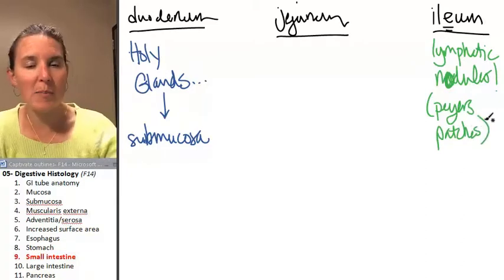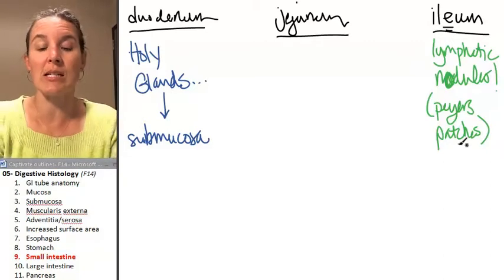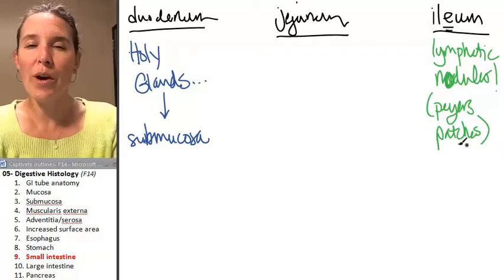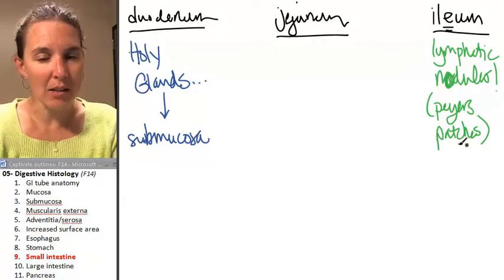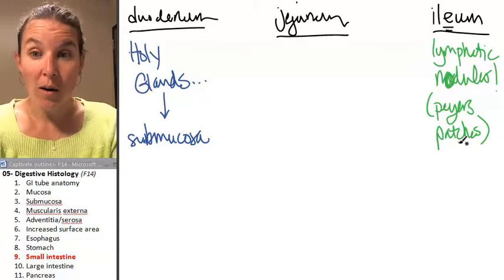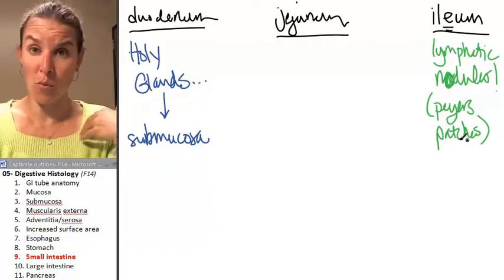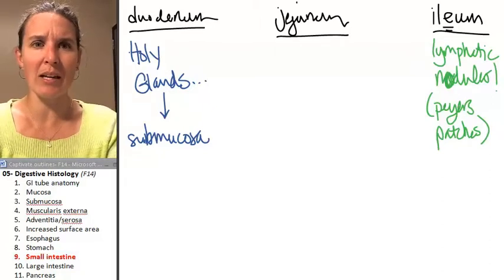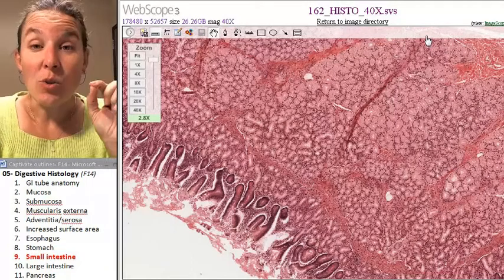Sometimes the Peyer's patches are found in the mucosa. Sometimes they're found in the submucosa. And so where they're located doesn't tell you anything. The number of them tells you something. The more Peyer's patches there are, the more lymphatic nodules there are, the more you know that, okay, I'm probably in the ileum. Lymphatic nodules are everywhere.